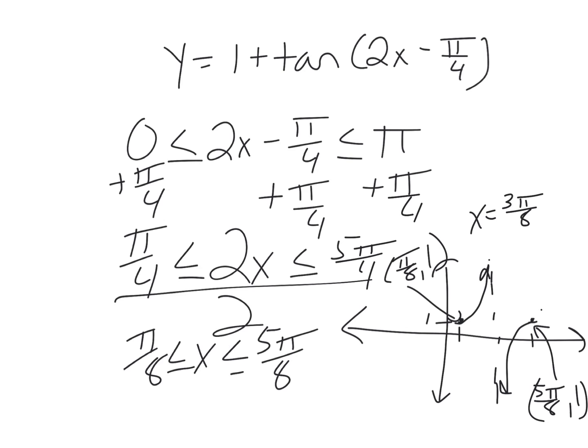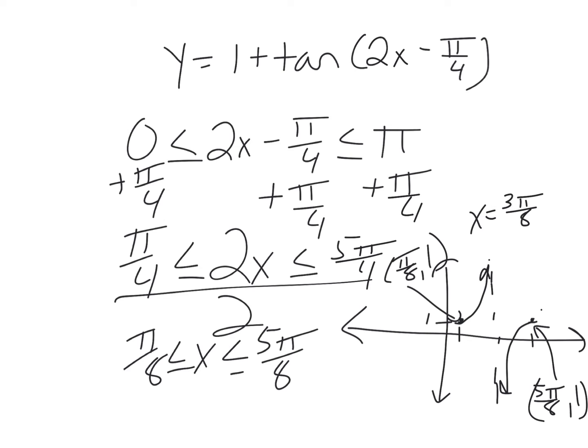To pick another value, just for accuracy, if this is 2 here, right? Let's say we pick the halfway point between 3 pi over 8 and 5 pi over 8, which is pi over 2. We put pi over 2, and what's happening? Pi over 2 will get us pi minus pi over 4, which is 3 pi over 4.